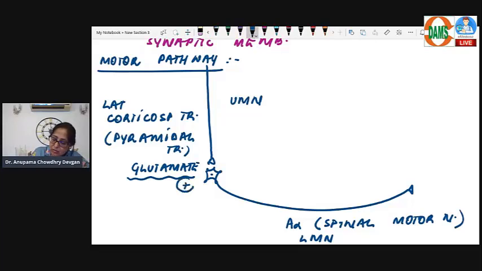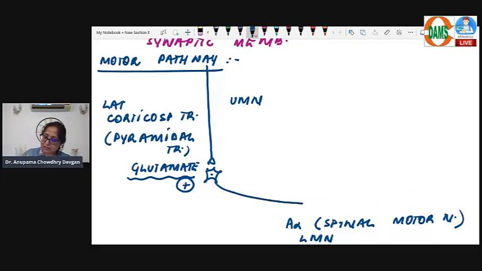So impulses from the cortex, pyramidal tract, release of glutamate by the pyramidal tract neuron, excites the spinal motor neuron. Impulses will go towards the muscles, and then transmission across the neuromuscular junction and muscle contraction. This is your motor pathway, right?